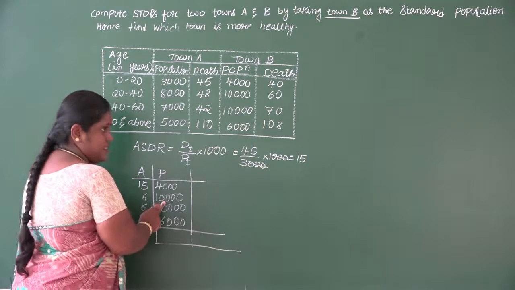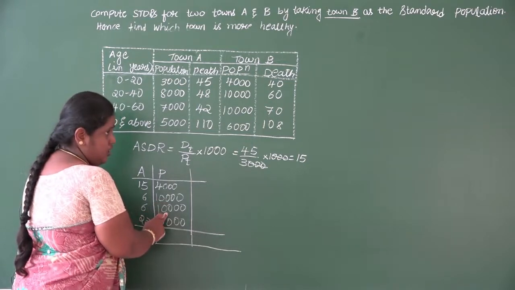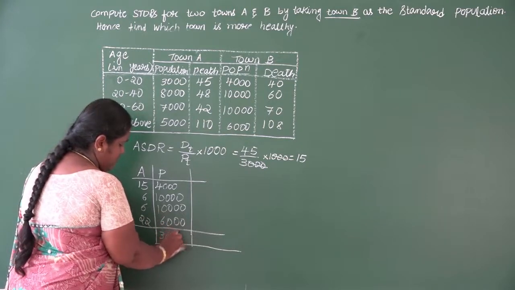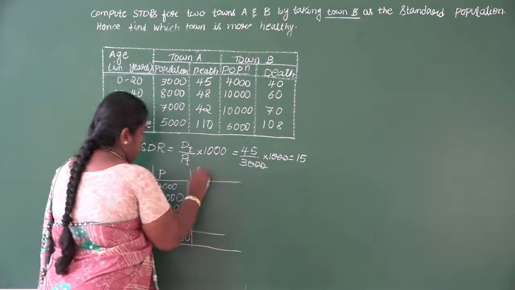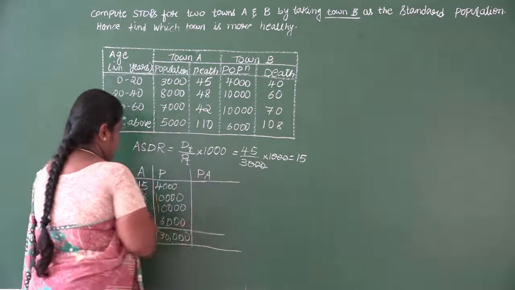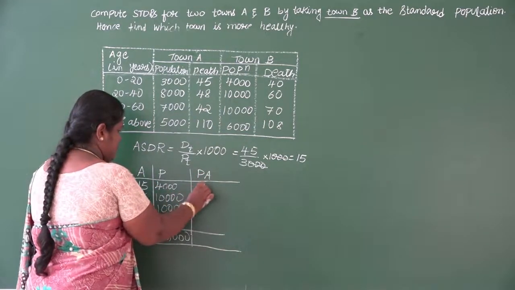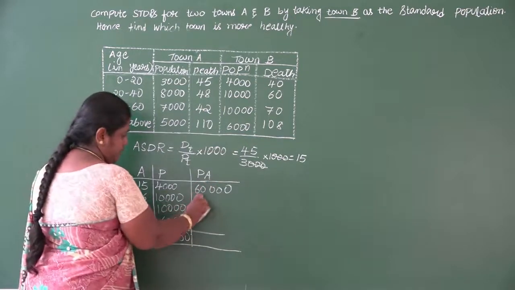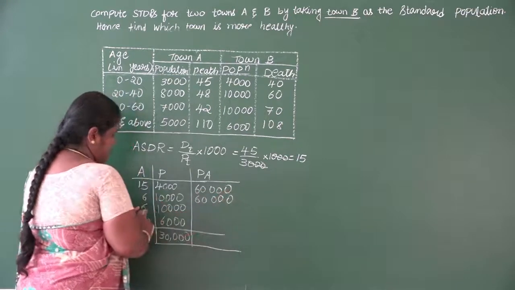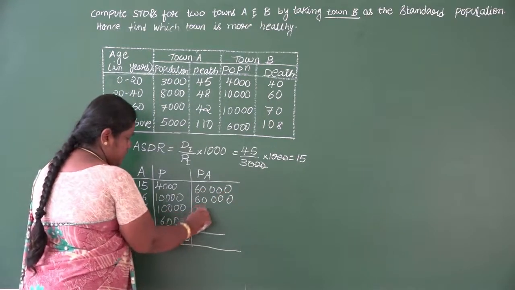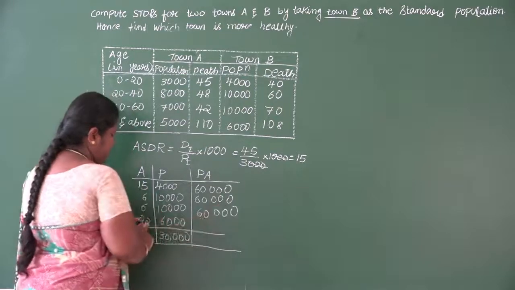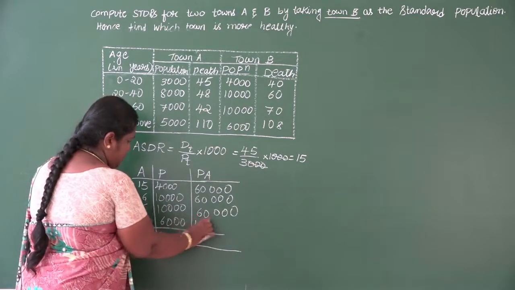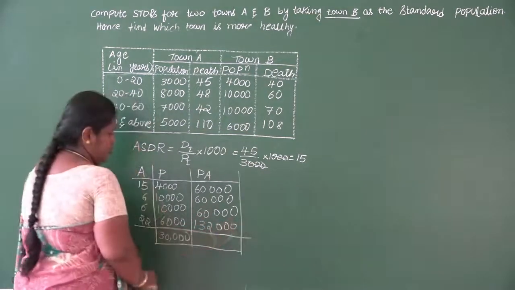So 4,000 plus 10,000, it is 14,000, plus 10,000, 24,000, plus 6,000, 30,000. Then find out PA. 15 into 4,000, it is 60,000. 6 into 10,000, again 60,000. 6 into 10,000, 60,000. 22 into 6,000, it is 1,32,000. Then do the total of this.